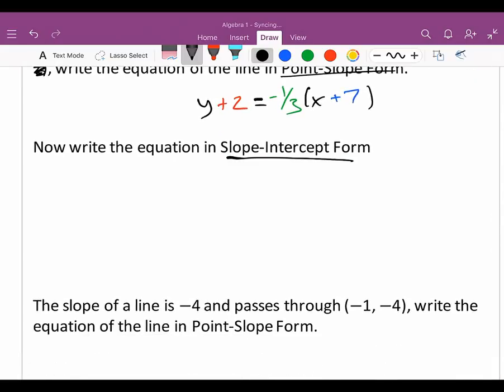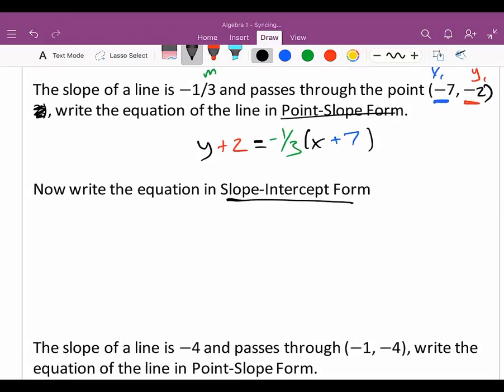Now we want to find the slope-intercept form, so solve for y. Again, that's y equals mx plus b. Anytime you solve for y, it should be in slope-intercept form. So let's see, y plus 2 equals negative 1/3 (x plus 7). Alright, so let's go ahead and solve for y.